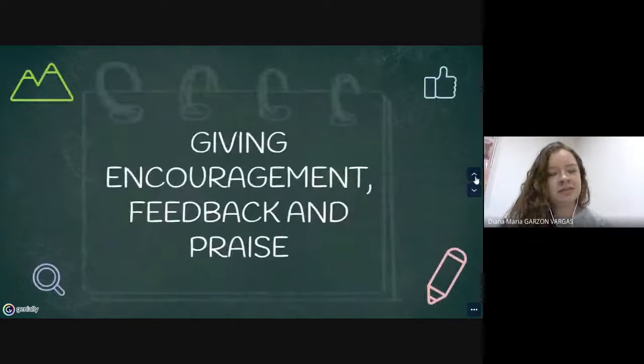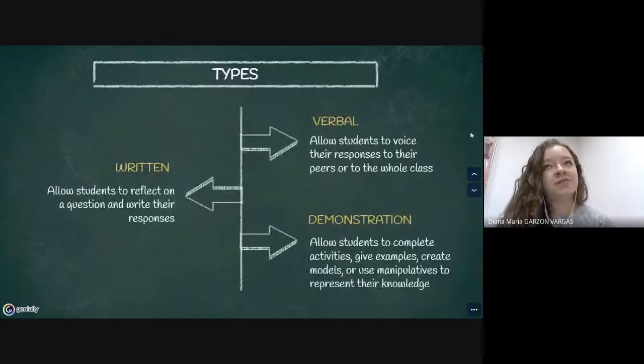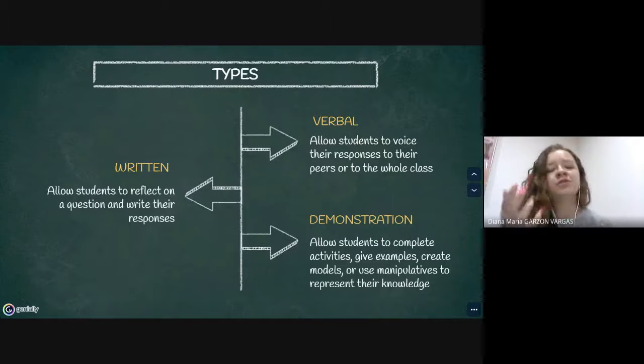Something important in this part is that effective teachers use a combination of all those 3 strategies, because when we design a specific CFU strategy, we have to expect responses, or have some ideas in mind that will demonstrate the level of content knowledge that the student has. So for this reason, we think that those strategies are so important.